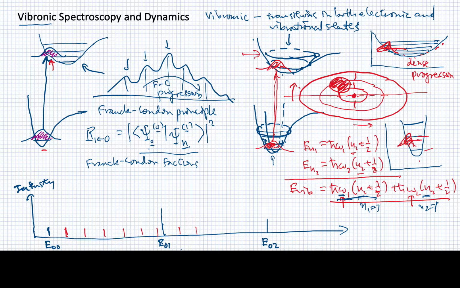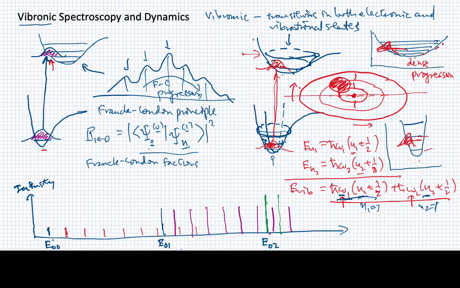Okay, when I build a progression off of this, the spacing between adjacent lines will be the same as it was for the last one. I'm going to draw these in purple, but I'll have a line here, a line here, a line here, and so forth. Okay, finally, when I begin building lines off of E2, and I'm going to make these in green just for some contrast, and I'll make them even taller so we can see them.